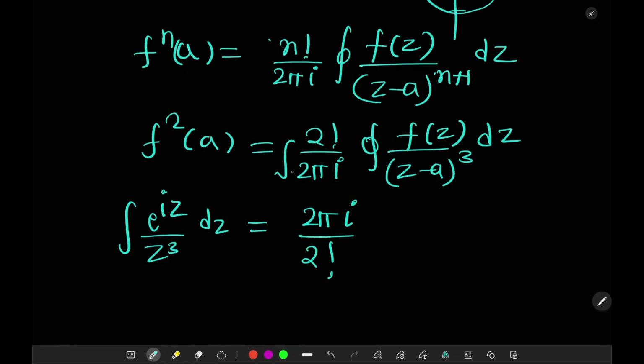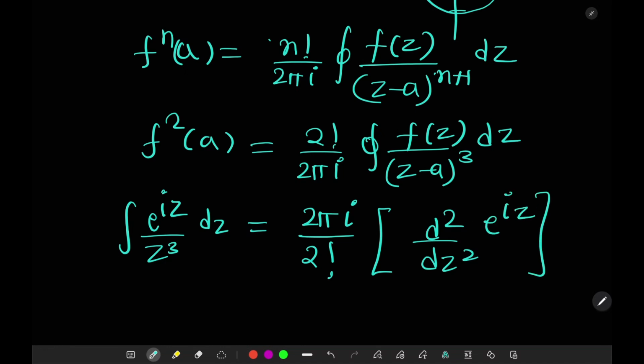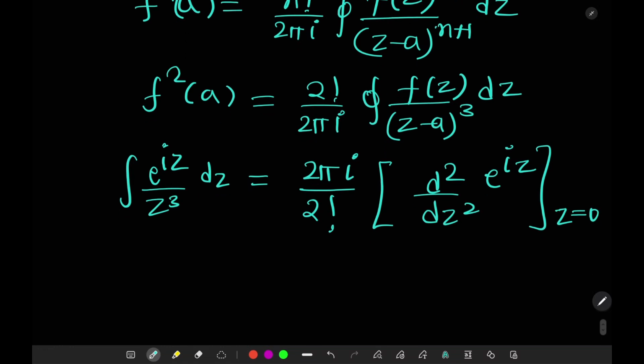This term goes here, and this 2 represents differentiation. So we differentiate the value of f(z) and put z equals 0.